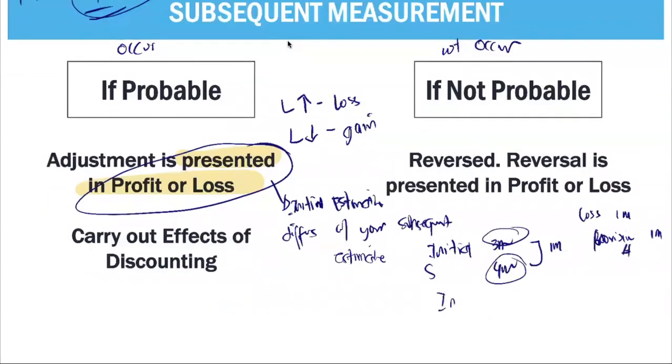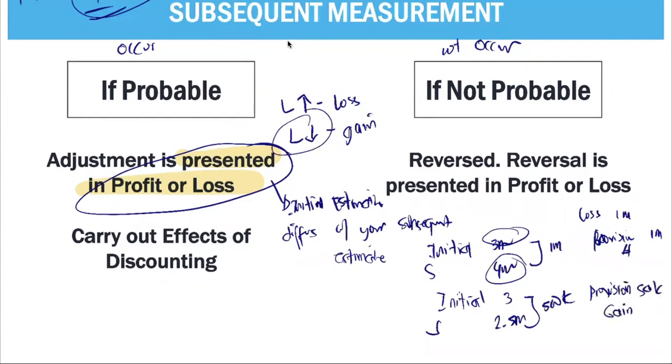But what if our initial amount is 3 million and our subsequent is only 2.5 million? So the liability decreases. How much is the decrease? 500,000. So you debit the provision 500,000, and then you recognize a gain amounting to 500,000 pesos.